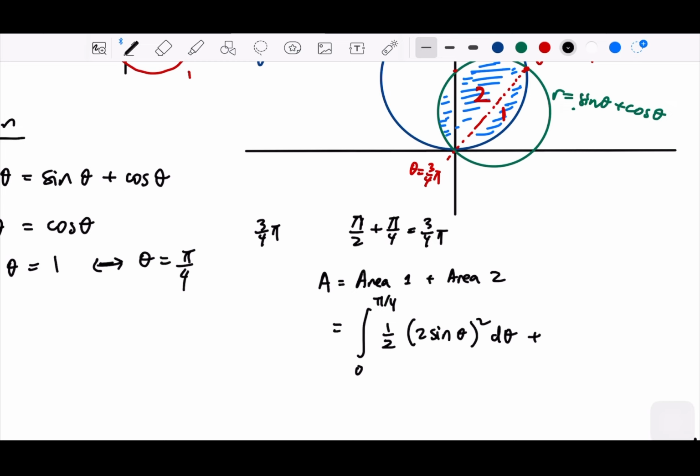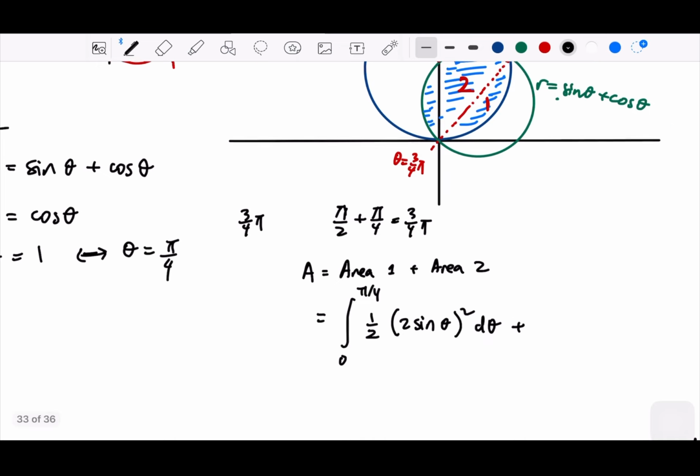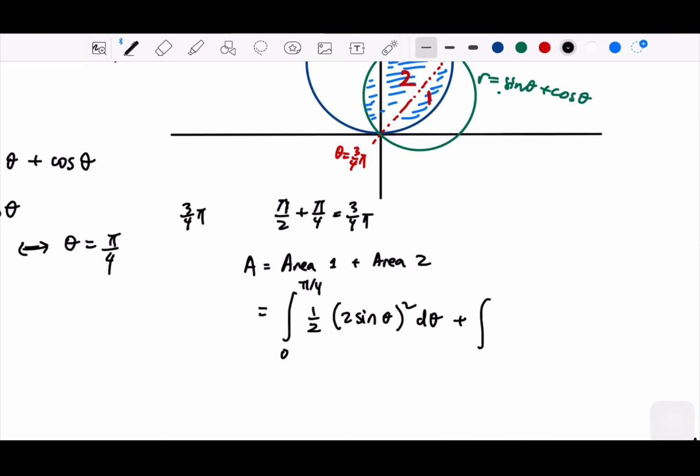Or if you want, maybe calculate the first area and then the second one and then add both of them. Or you could do it directly. Okay, and then this is half of the integral of sine theta plus cosine theta, squared, d theta.